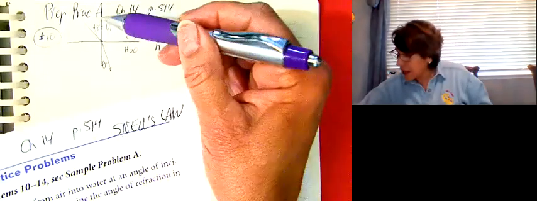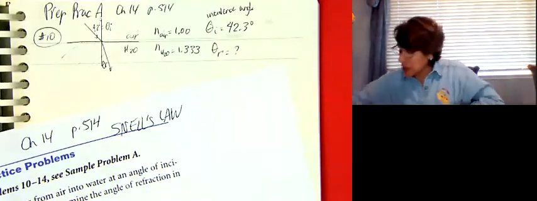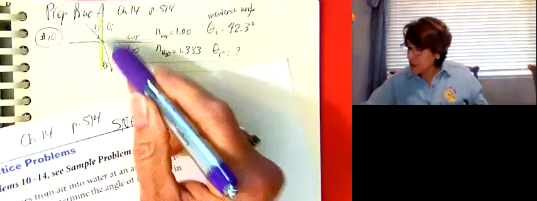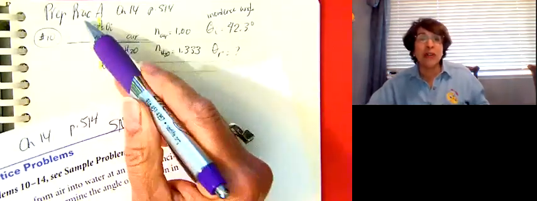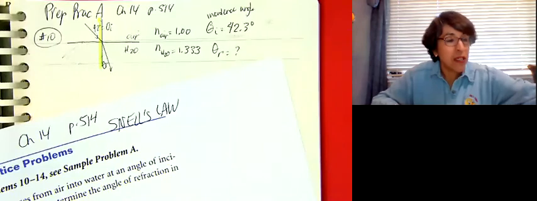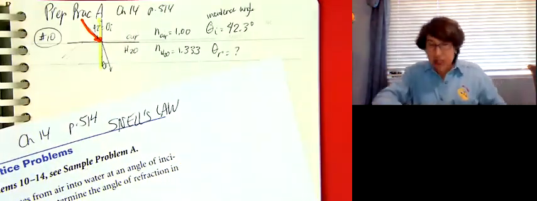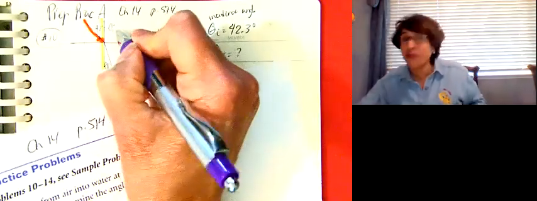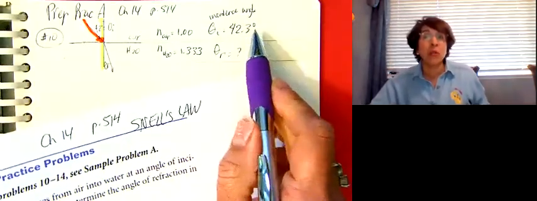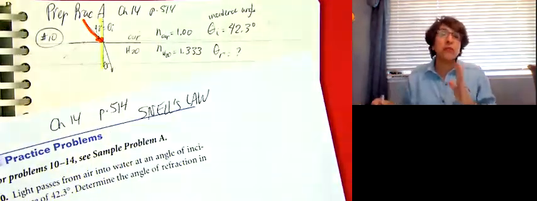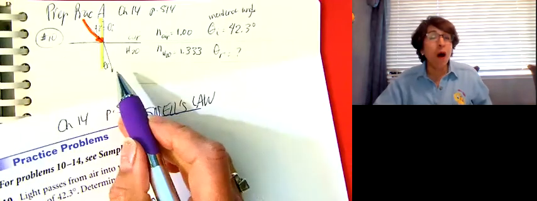I drew this line straight perpendicular here. 42 degrees from the normal is the angle of the light ray coming into the water. That's the angle of incidence, 42.3 degrees. So the question is, what angle will it be to the normal, to the perpendicular, when it hits the water?